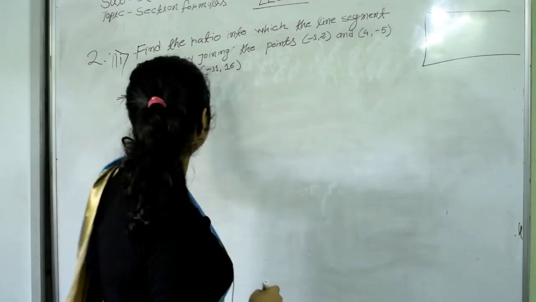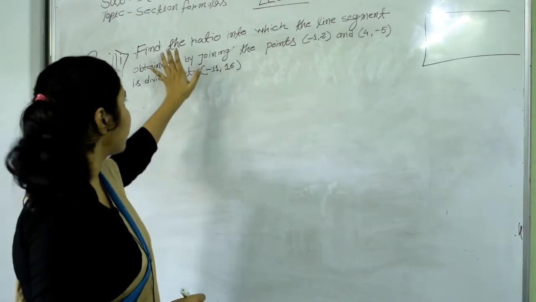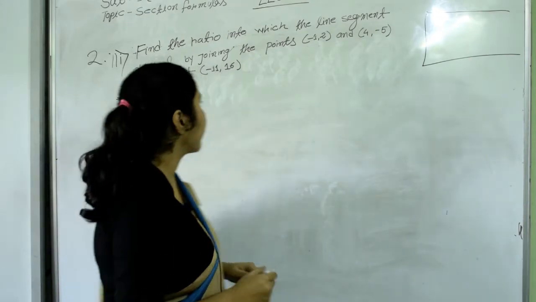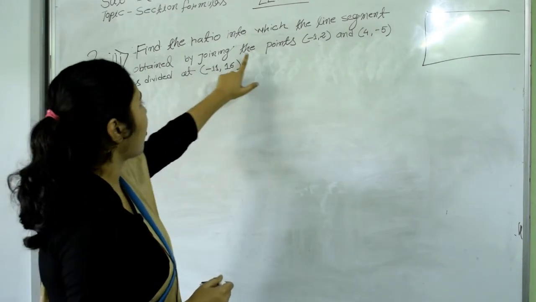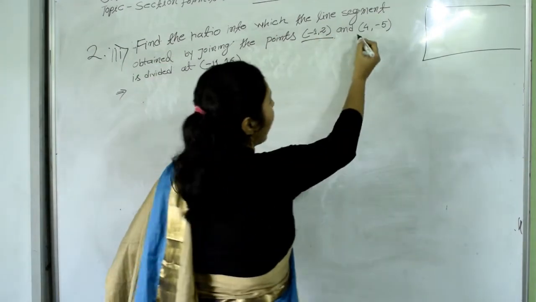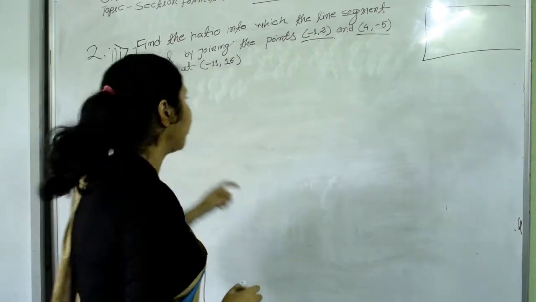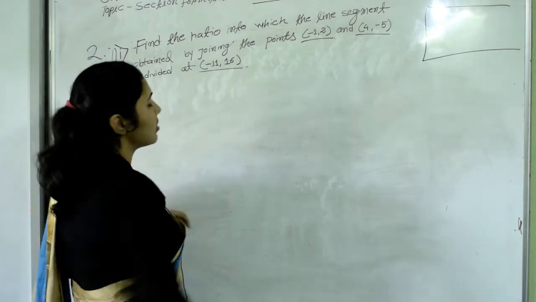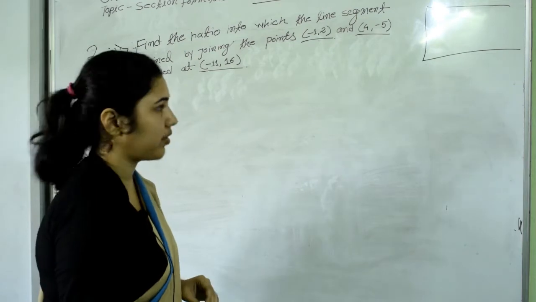So here in question 3, we have to find the ratio into which the line segment obtained by joining the points -1, 2 and 4, -5 is divided at the point -11, 16, right?